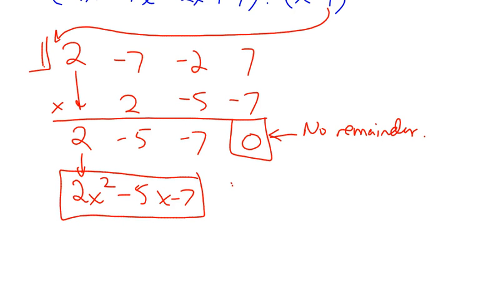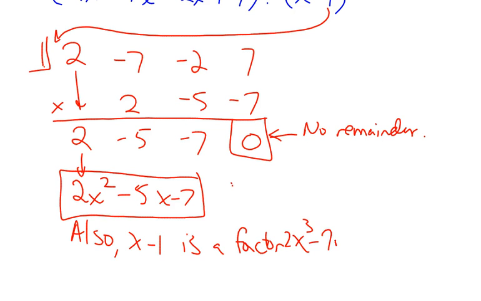And again, moreover, I can say x minus 1, ladies and gentlemen, is a factor of 2x cubed minus 7x squared minus 2x plus 7 because there's no remainder.